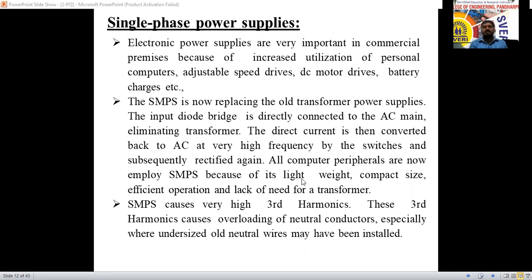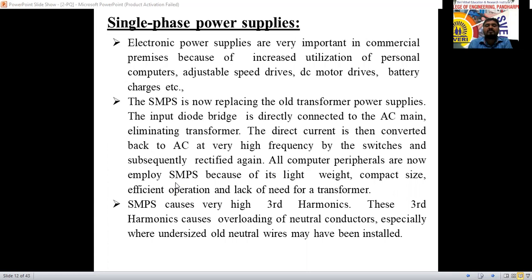If the size of the SMPS is less, then the computer size reduces, so we can increase the office working area by reducing the size of computers and peripherals. Comparing with transformers, these many advantages are there.